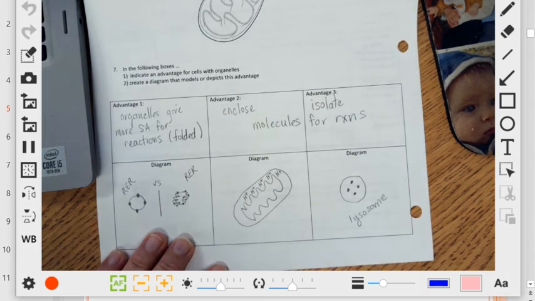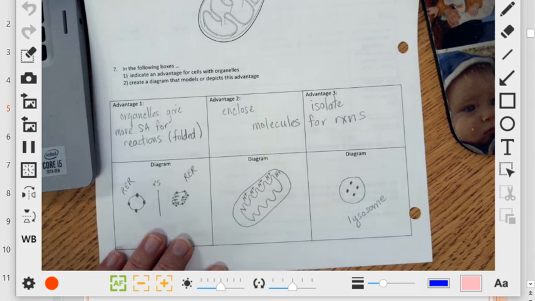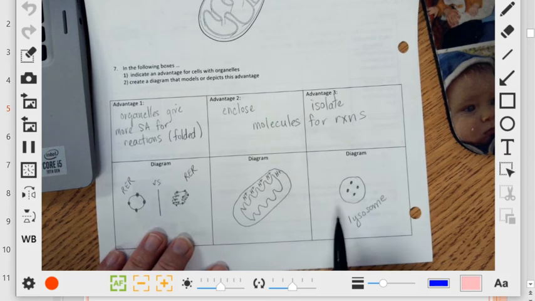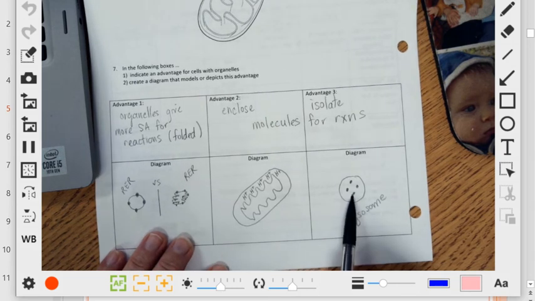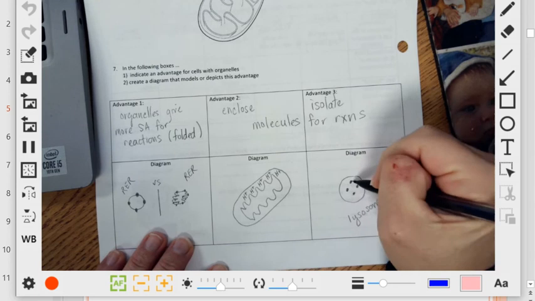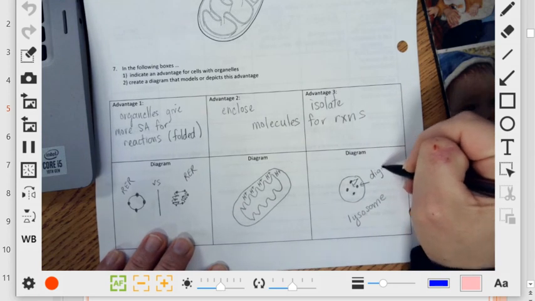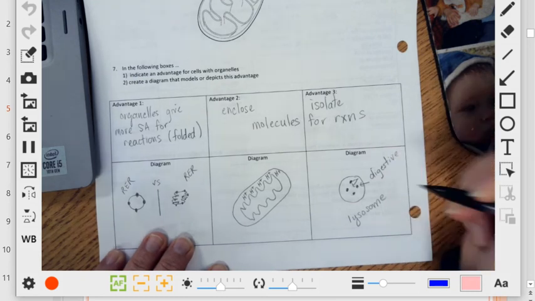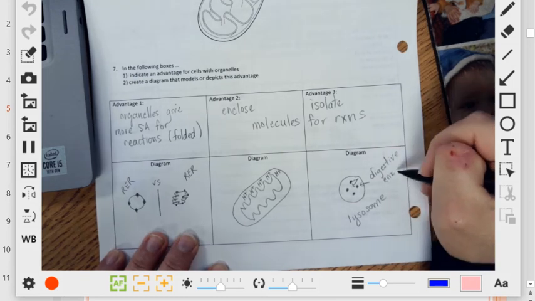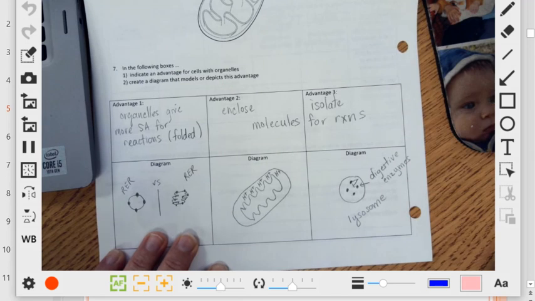Well, that's what your entire cell is made out of. Proteins, carbs, lipids, and nucleic acids. So you better hope those suckers don't get out, okay? So the fact that they keep these digestive enzymes away from other molecules in your cells is a good thing. Otherwise, lysosomes would digest your own cells.